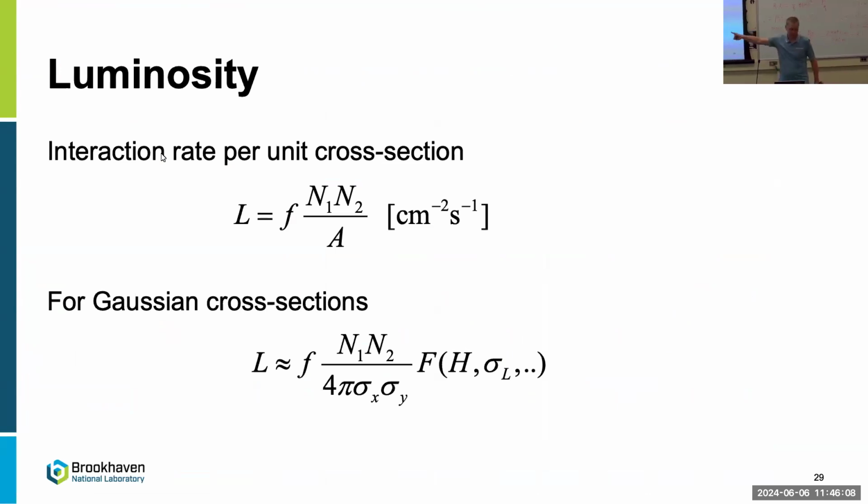A microbarn is a unit of area, so it's centimeters squared. You multiply the luminosity by your favorite cross section, and you get the number of such events that will be produced. It doesn't mean that you can detect them, because someone else is going to talk about how to detect them.